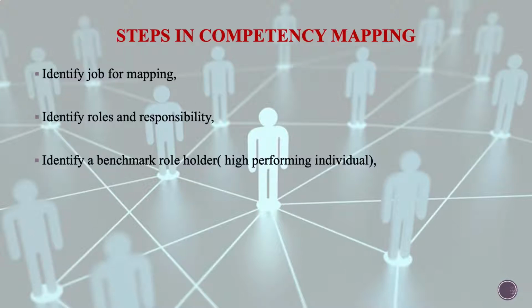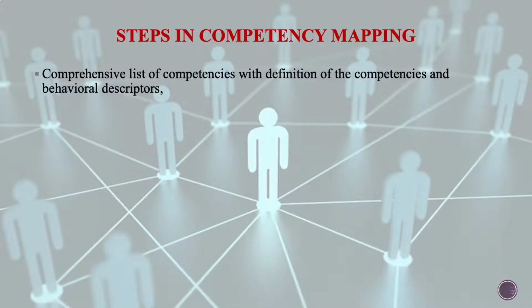The next step is identification of key competencies required for superior performance. We then develop a comprehensive list of competencies with definitions of these competencies and behavioral descriptors. Identifying this set of behaviors that define a competency is very important.